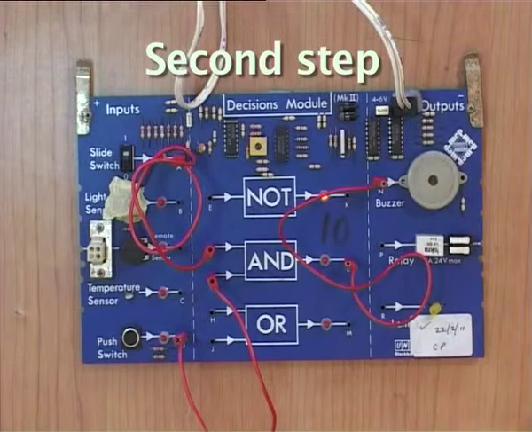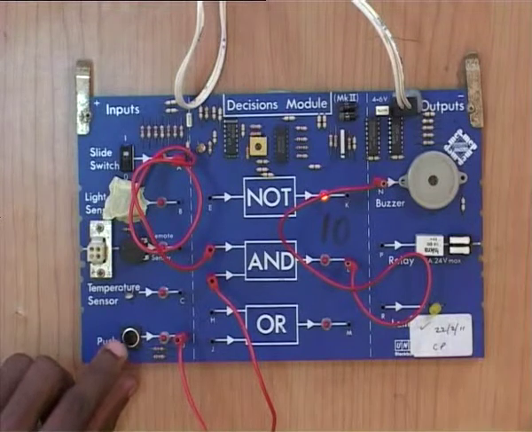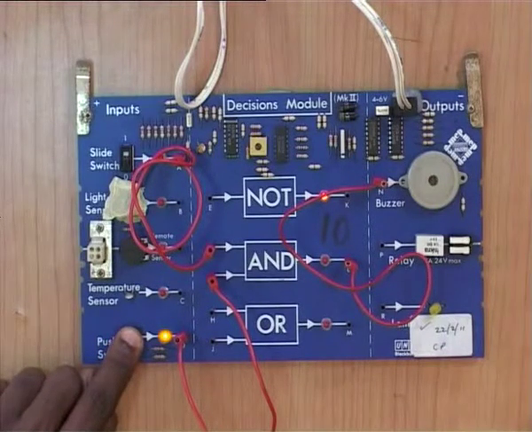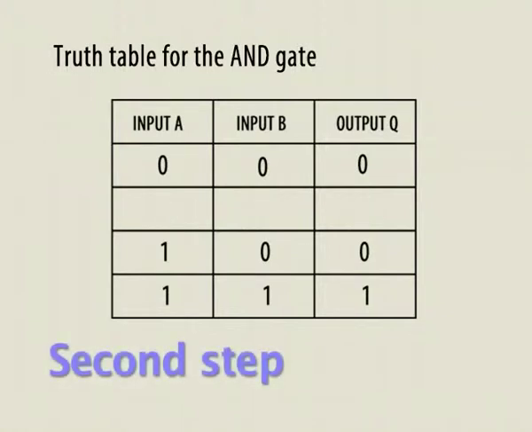The second step, the push switch, which is the second input, was pressed so that it is giving an input that is high, but the slide switch is at position 0, so the input for the slide switch is low. The buzzer does not sound. We can represent that also on a truth table as shown on your screen for the second step.